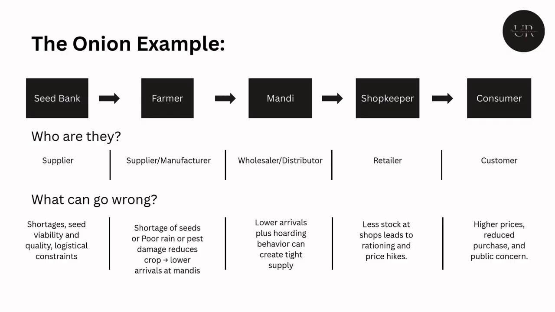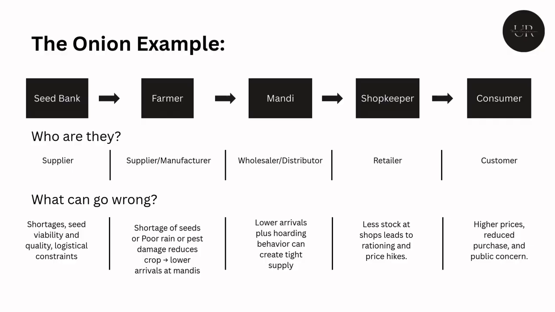What can go wrong at the farmer's end is the shortage of seeds from the seed bank, or there might be issues of poor rain or pest damage, which reduces the crop quantities and lowers the arrivals at the mandi. The quantity of crops which transfer from farmer to mandi location, the supply gets reduced.